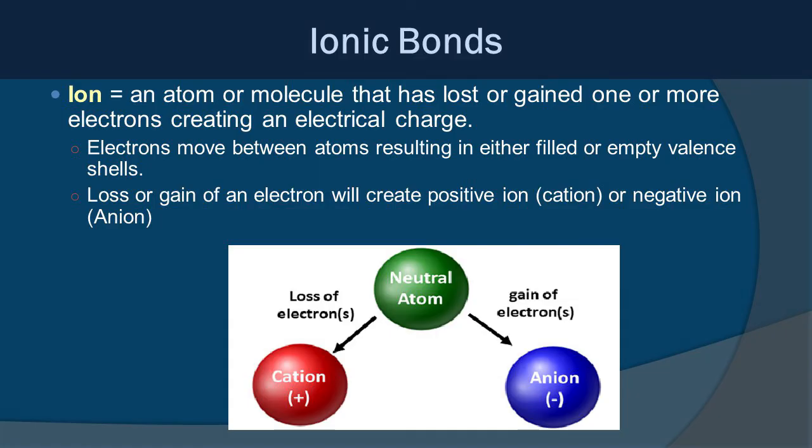Now, this is because, remember, each element has a certain number of protons in its nucleus, right? That's the atomic number. Now, if you change the number of protons, you change the element from, for example, lithium to iron or whatever it is that you're doing. You change the number of protons, you change the element.